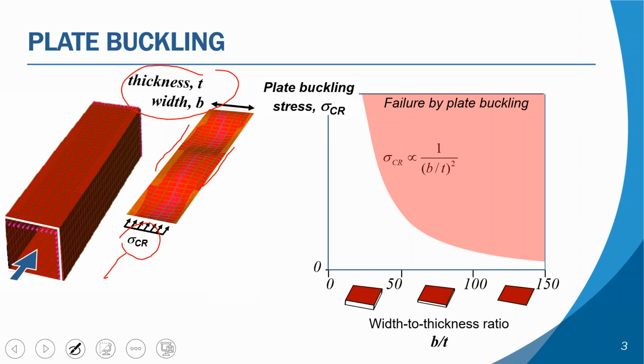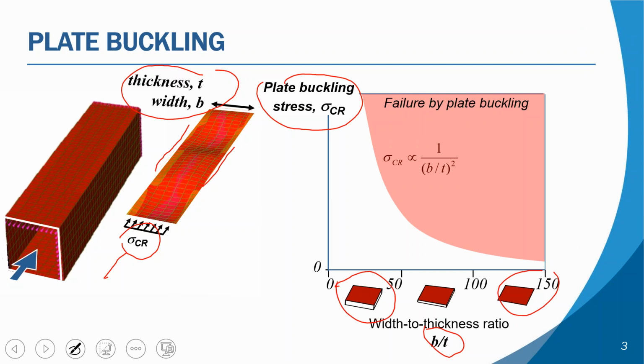So on this chart, we're plotting on the y-axis the plate buckling stress sigma CR. When will that buckle shape occur? And it turns out that that is related to the width to thickness ratio, the B over T ratio. So on the right side of this chart, we have plates that are very, very thin and wide.